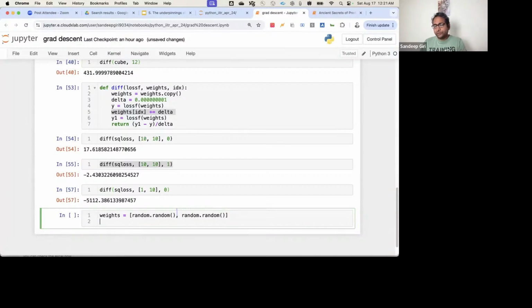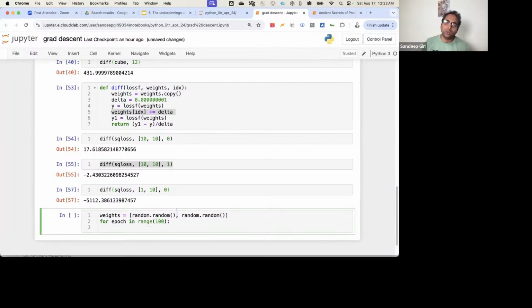Now, let's say we run this next step 100 times. I'm just going to say for epoch in range 100. We're going to run all the calculation below this point 100 times.